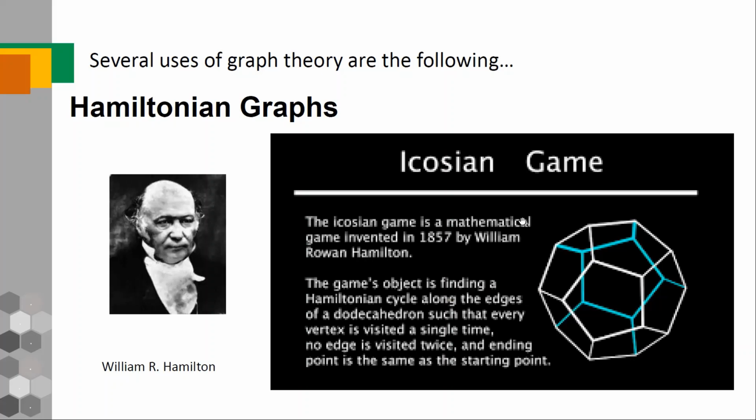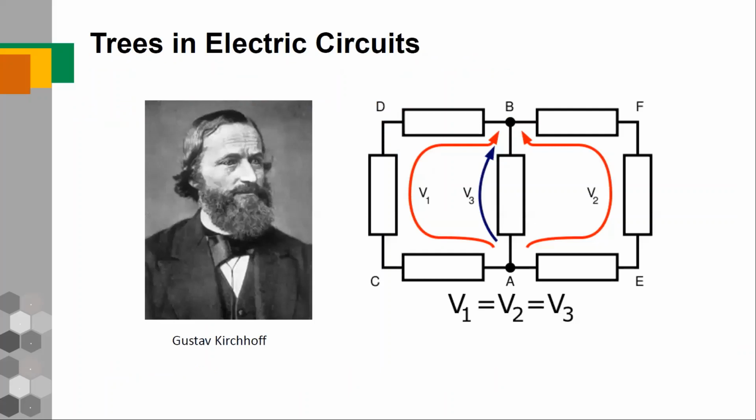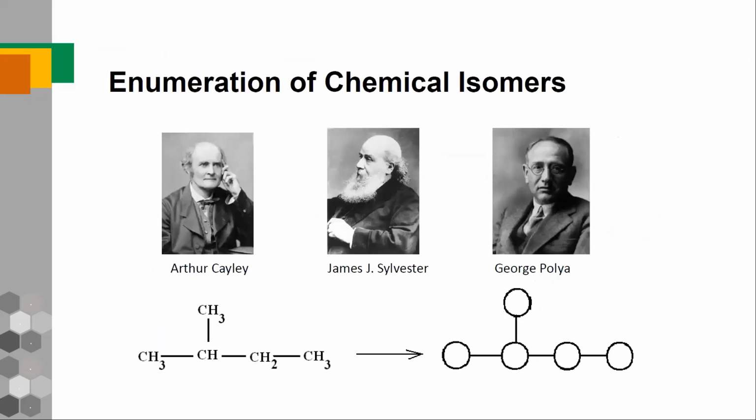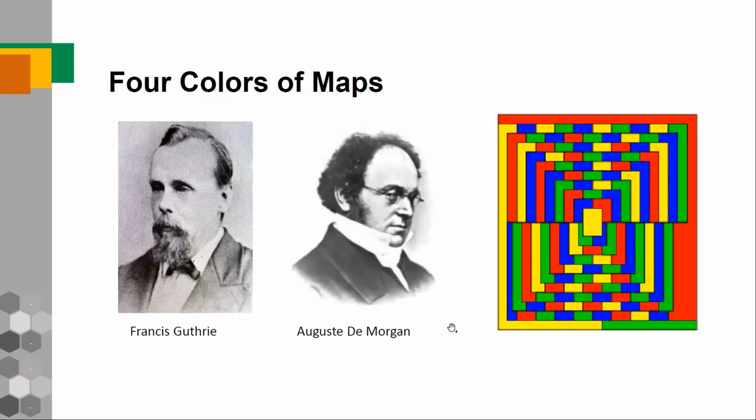Okay, so we also have trees in electric circuits. We can also model electric circuits using graphs. We also have enumeration of chemical isomers, so instead of this, it can be drawn like this, which is also a graph. We also have the four colors of maps. Later on we will learn about graph coloring.